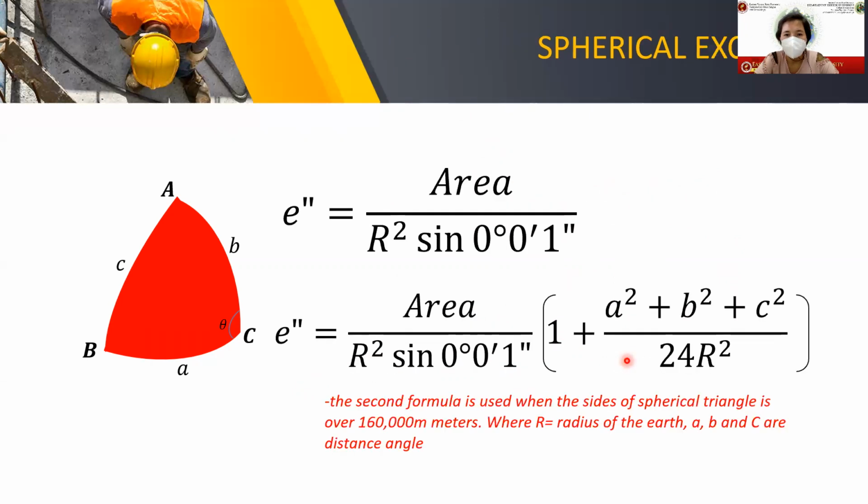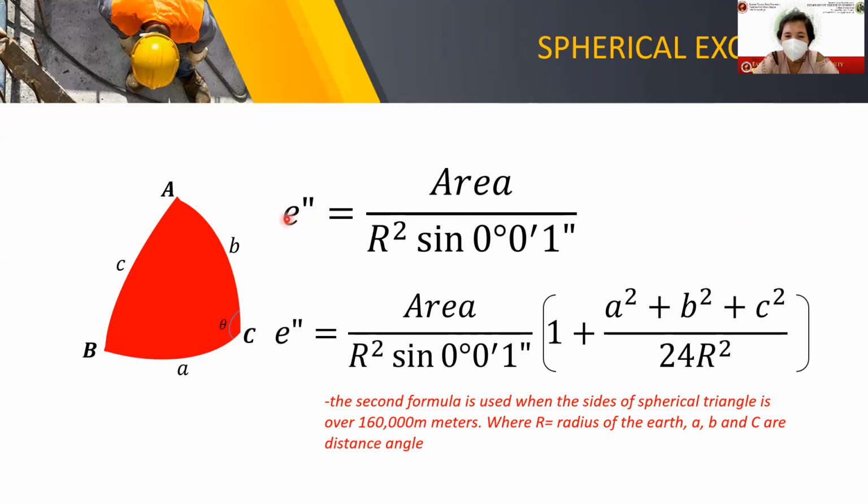Okay? So for the spherical excess, since this is a spherical triangle, there are errors in it, the same with the adjustment that we employ in the triangle itself.